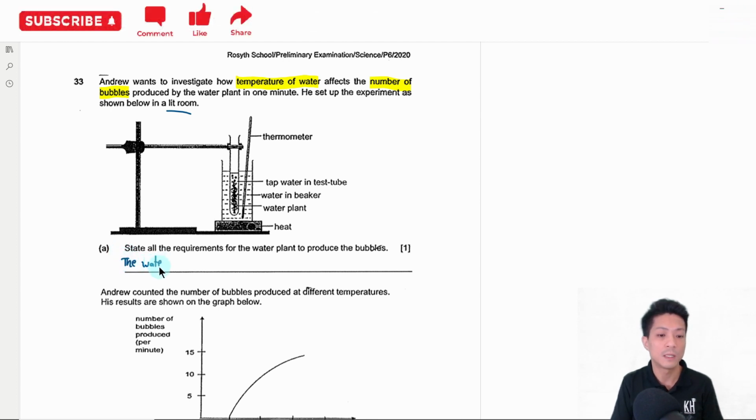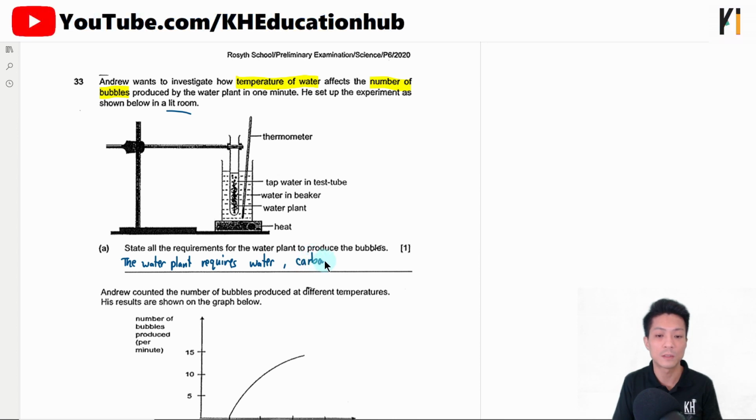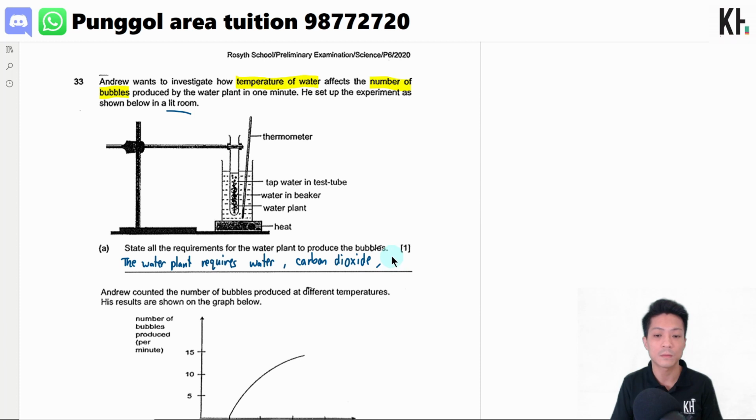Okay, the water plant requires water, carbon dioxide, light and chlorophyll.